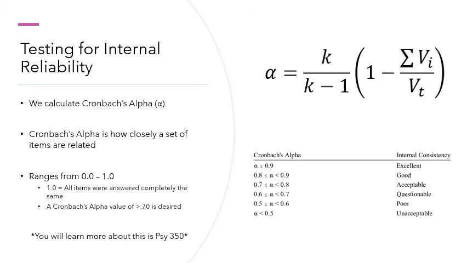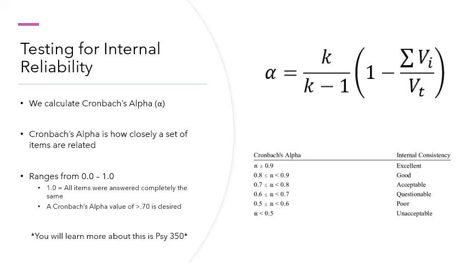And internal reliability is calculated using Cronbach's alpha. Now again, you're going to learn a lot more about how to actually calculate this in Psych 350, which is the next part of this class. But we calculate Cronbach's alpha using the equation on the upper right here. What it's saying is Cronbach's alpha is really telling you how closely a set of items are related.